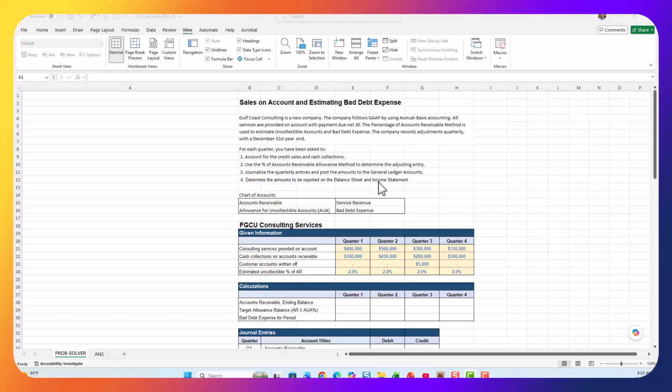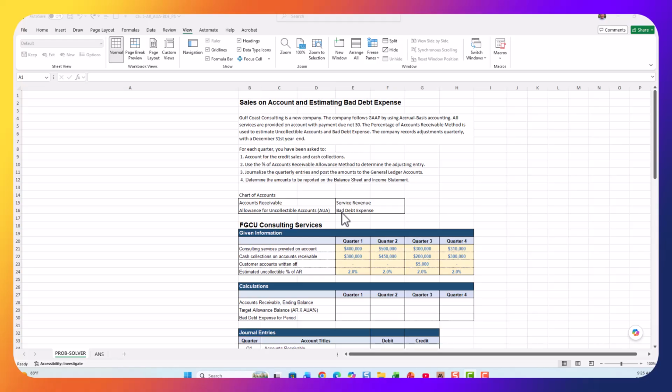For this problem, we'll have a chart of accounts that includes 4 accounts: accounts receivable, allowance for uncollectible accounts, frequently abbreviated as AUA, service revenue, and bad debt expense.